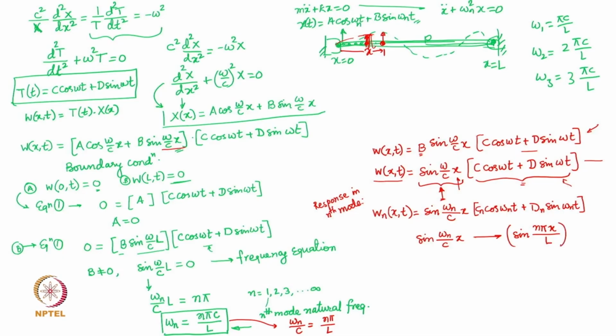Now what is this value for x equal to 0? Okay, so the value of sine(n pi x), now let us suppose we are talking of the first mode. The first mode means this n is equal to 1, so sine(pi x by L) will be the first mode shape.